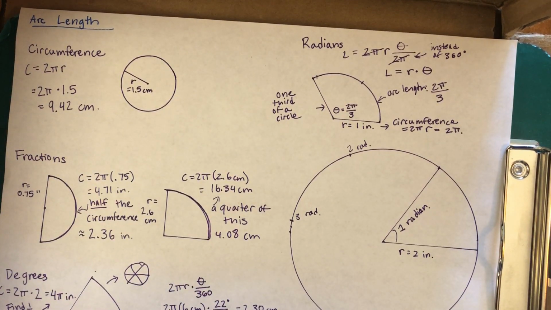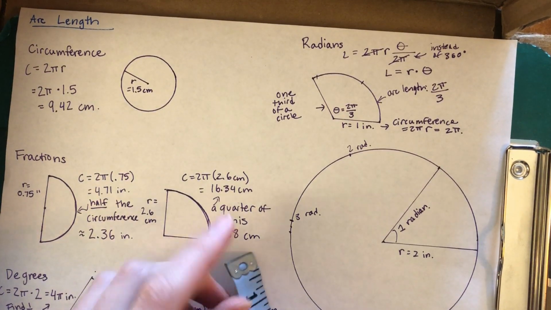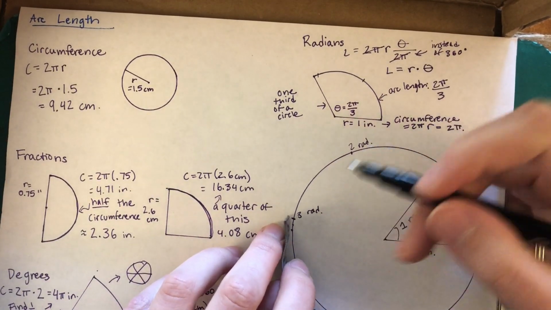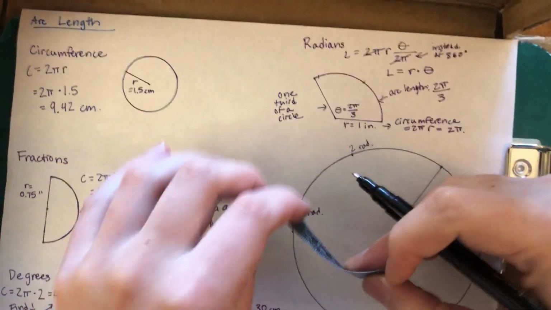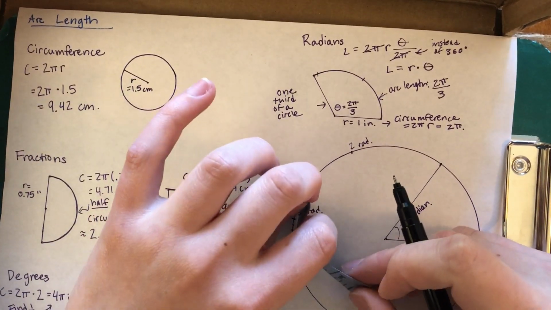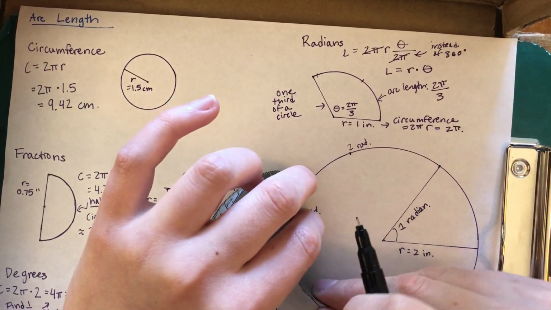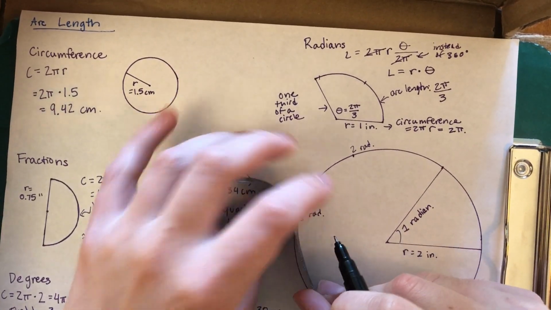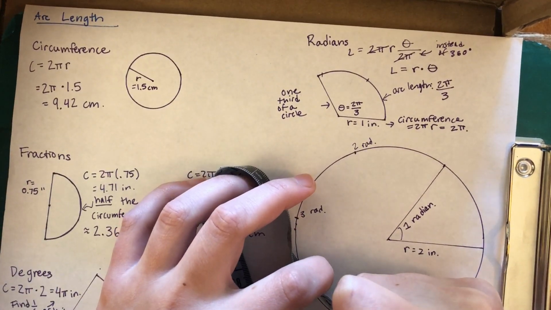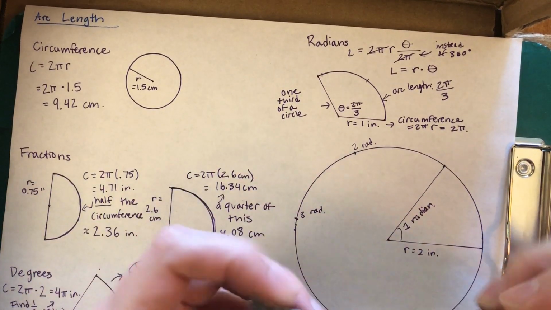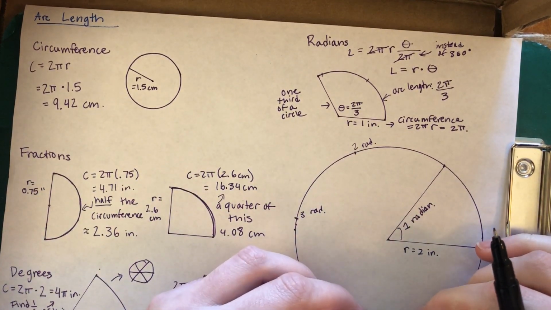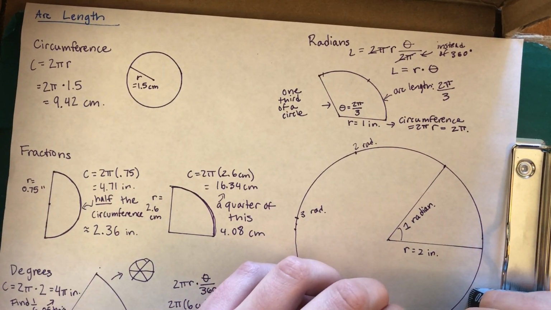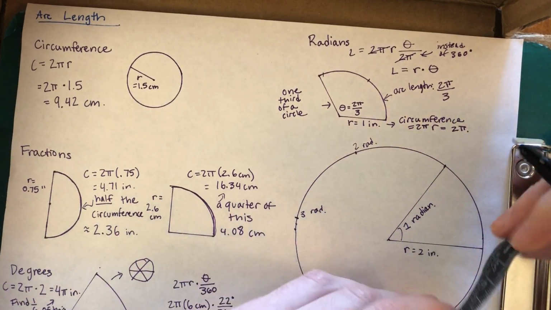Then we can keep going. What is 4 radians around the circle? Actually, put my tape around. Here's 4 radians. Here's 5 radians.